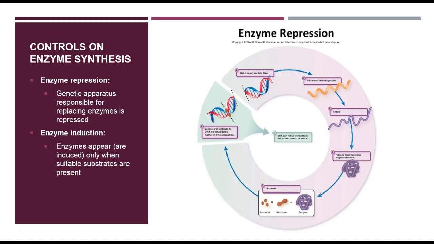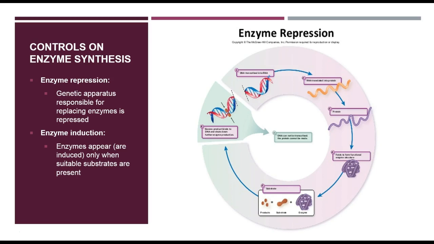We can also repress enzyme production genetically, and that's what you see here in this model. DNA is responsible for controlling really all of the activities that happen in the cell.